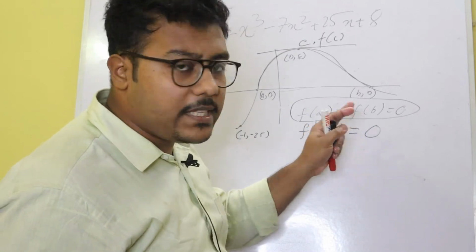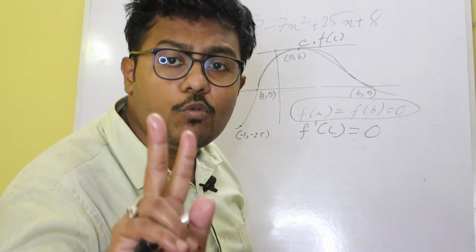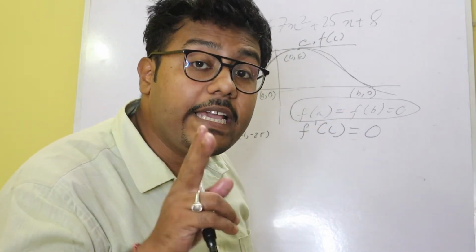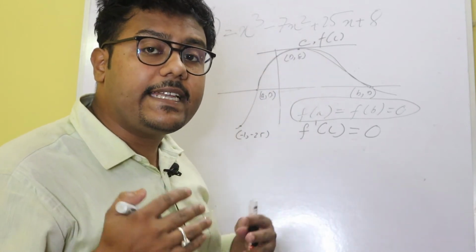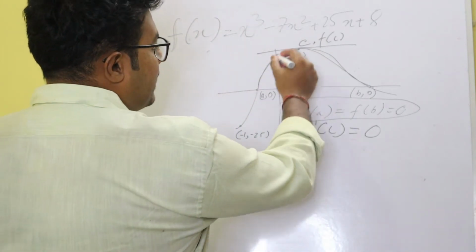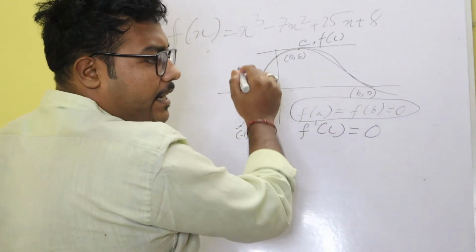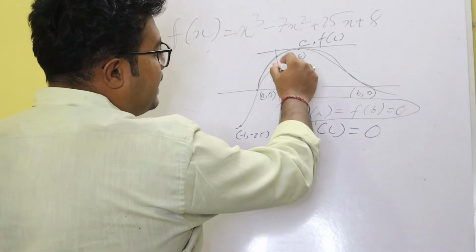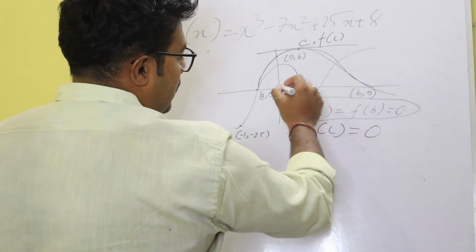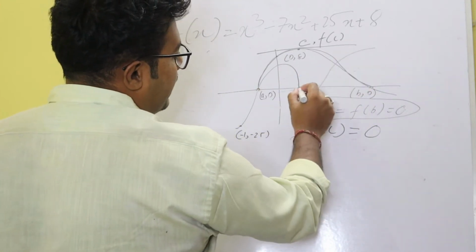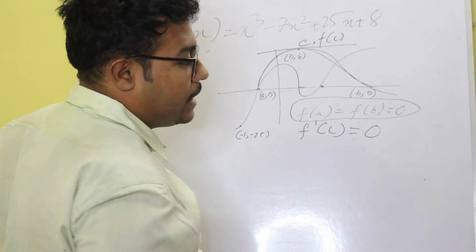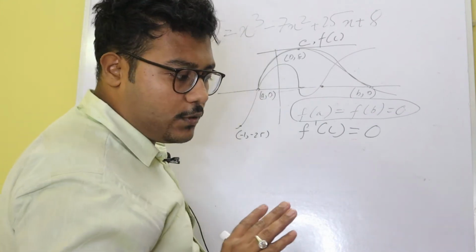What can be interpreted from this part? That it has two real roots. We can also say that it has at least two real roots, because I am drawing a graph randomly, but the graph may be like this also. So there will be a root here, a root here, and a root here. So at least two roots.